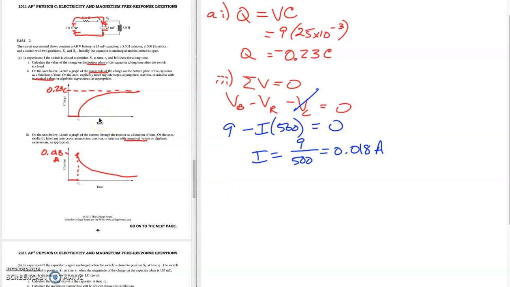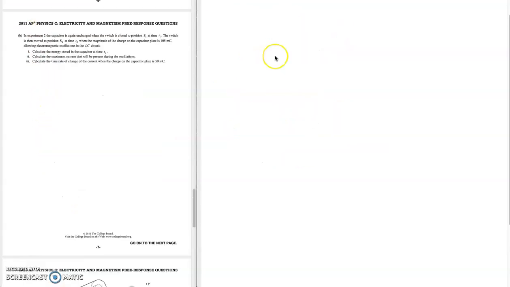Now I'm going to have to pause and clear this out so I can scroll down to page 2. All right, in page 2, part B. Now we're going to uncharge it. We're going to recharge it, and then we're going to flip the switch to S2 when the magnitude of the charge is 105 millicoulombs. Okay, so how much energy is stored there?